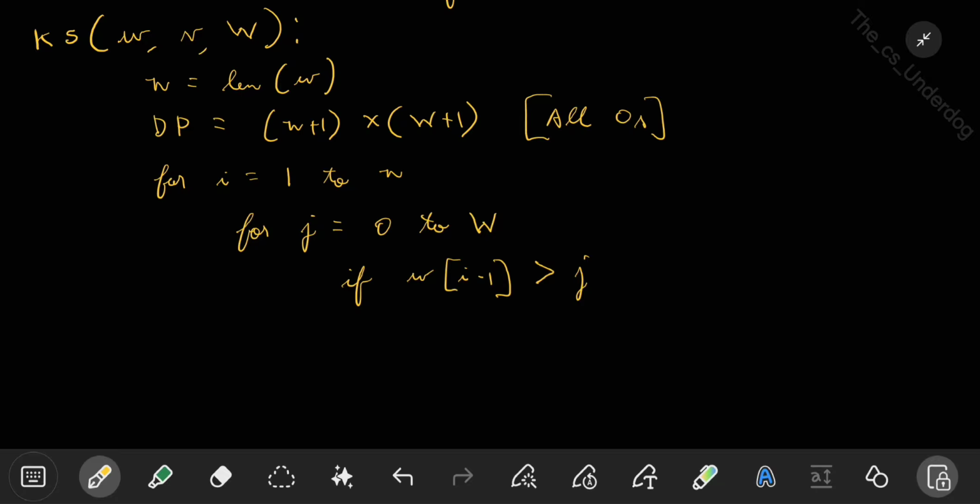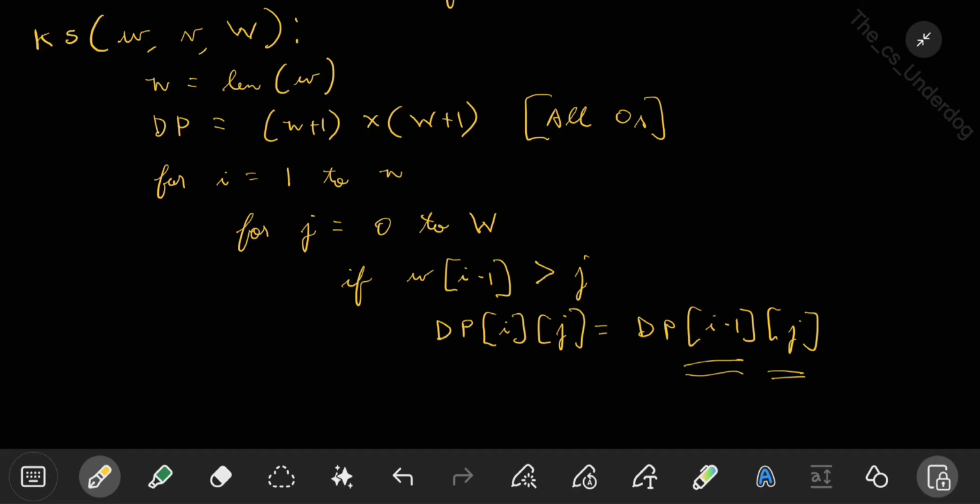We have to consider whatever happens when all i minus 1 items are there with a capacity of j. So in this case, your entry dp of i j, I am writing the same thing that we just learned. dp of i j equal to dp of i minus 1 j. So the capacity will remain j itself because you are not including this item and the remaining i minus 1 items are available to be included.